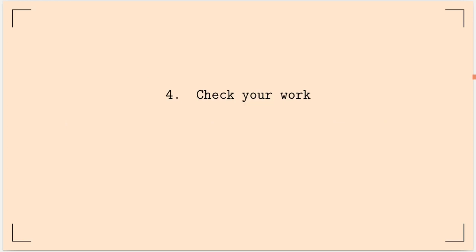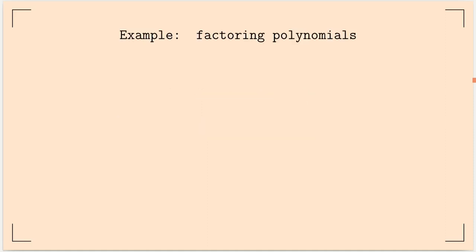4. Check your work without relying on answer keys. We'll do a couple of examples, and first of them is factoring polynomials. Let's say you want to factor a polynomial x squared plus 5x plus 6, so you want to find numbers that add to 5 and multiply to 6, so 2 and 3 are done.